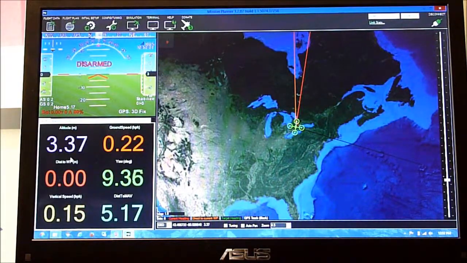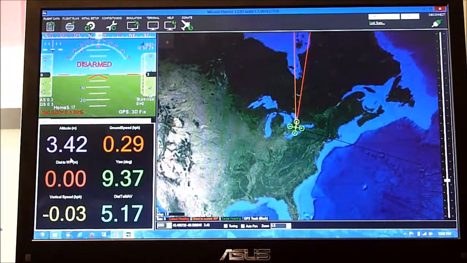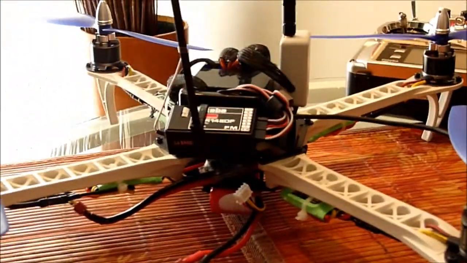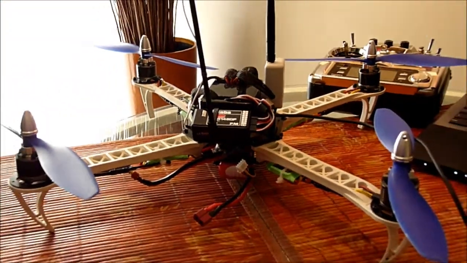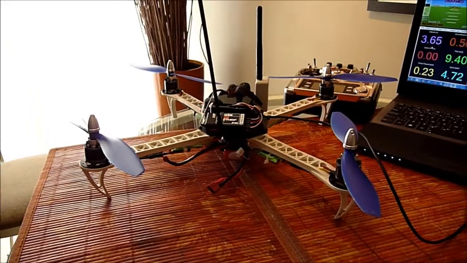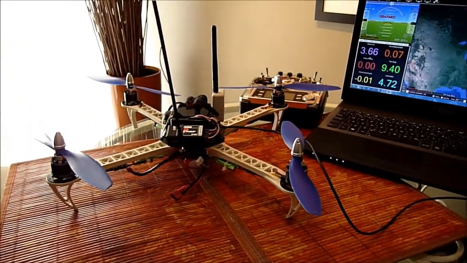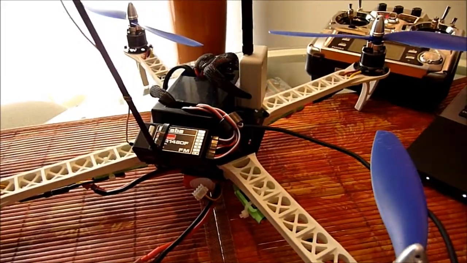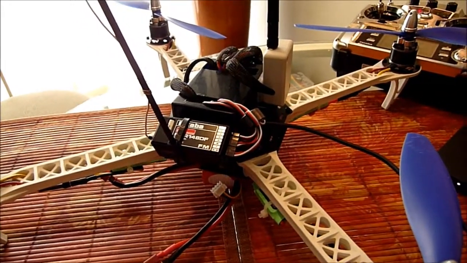And that took a while for me to figure out, and I arranged everything differently several times on the actual quadcopter for that reason, just to eliminate some of the interference that the wires and everything else are picking up, because everything is in such close proximity.